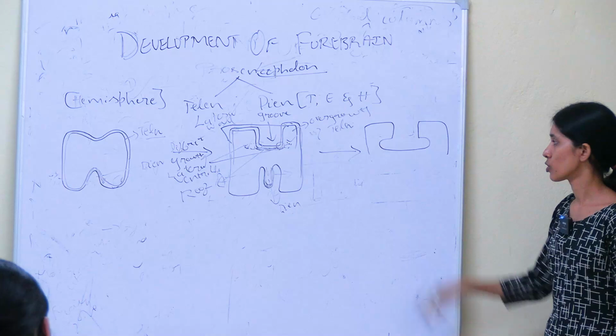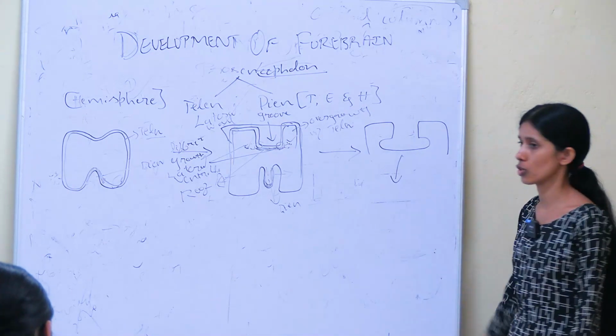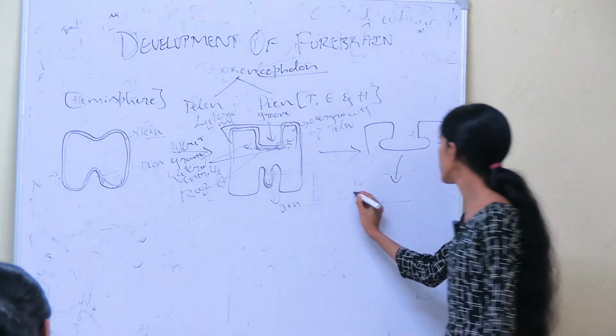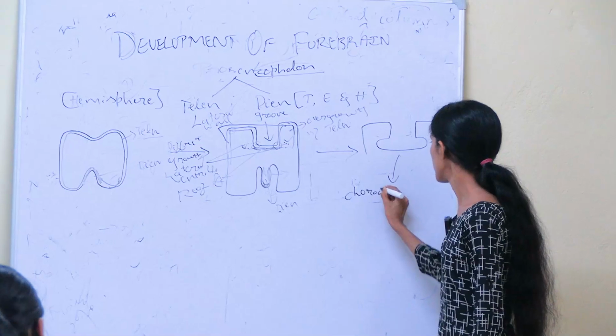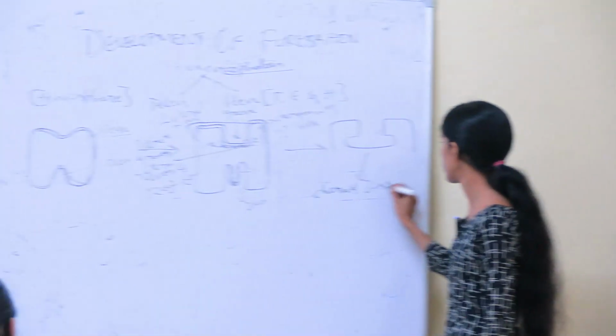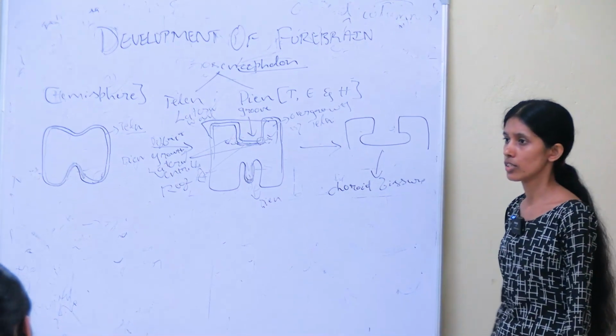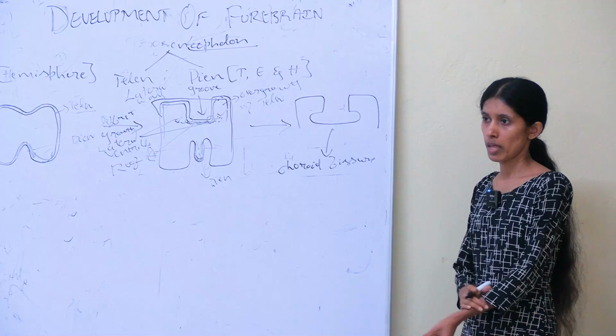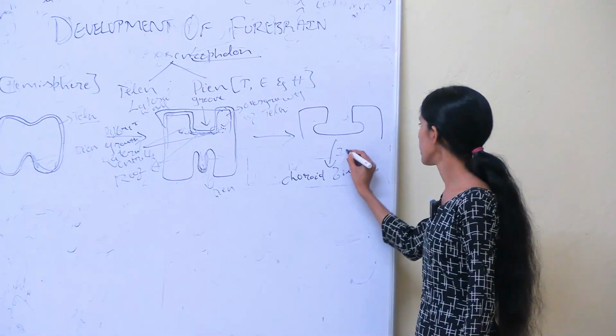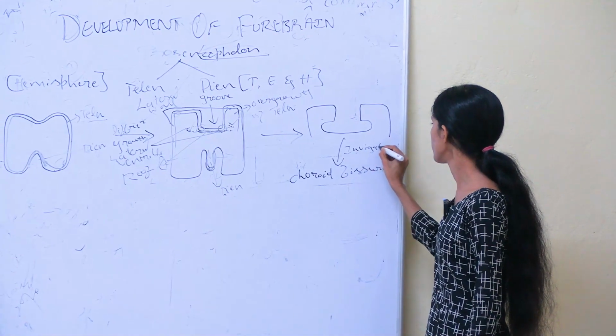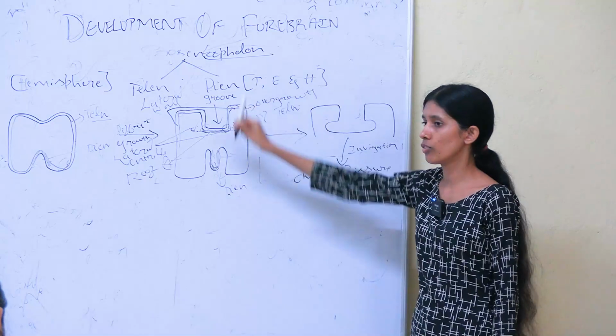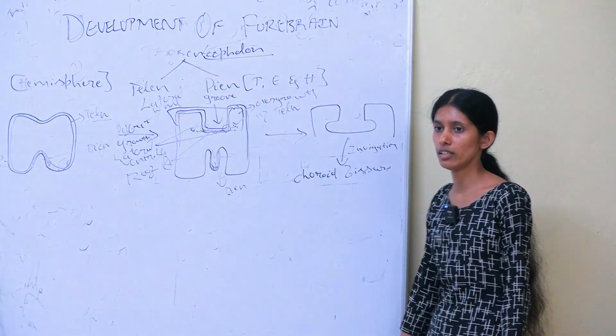This structure is called the choroid fissure. This choroid fissure happens because of the invagination of your groove region into your ventricle region.